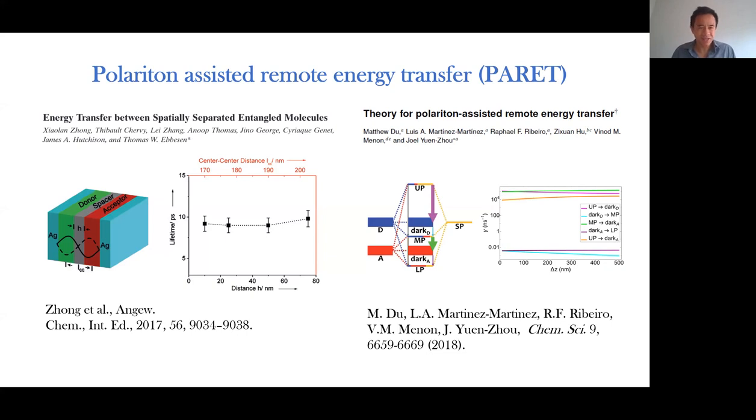So that's not interesting, but what's interesting is what happens afterwards, that after a while, after this statistical decay, there is funneling of population apparently passing through the middle polariton. Okay, so the middle polariton is kind of the bridge that takes energy between this reservoir and this reservoir, because it has character of both of them.